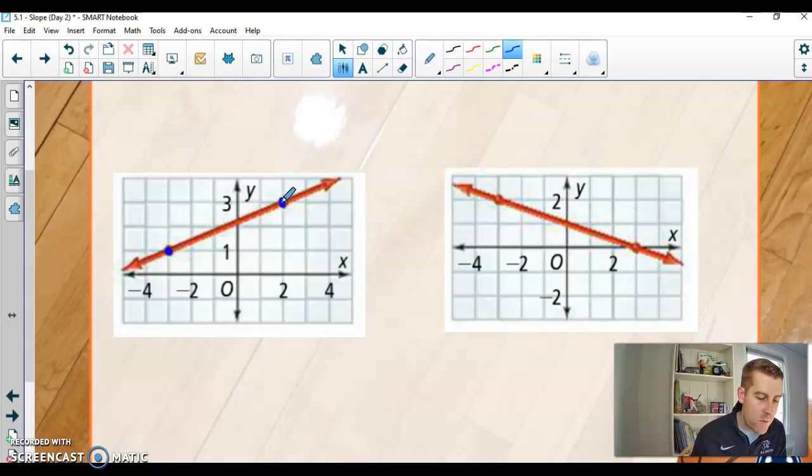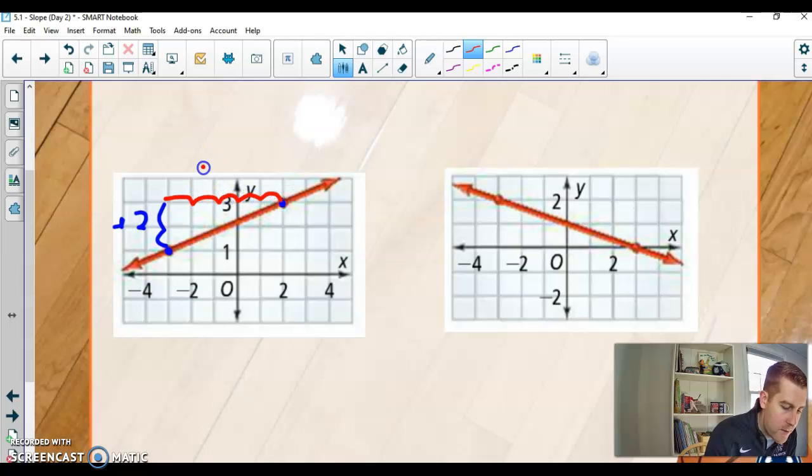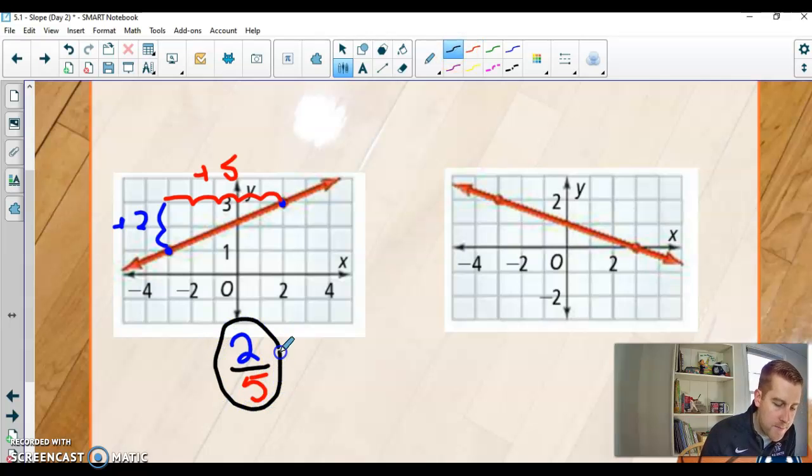The change in my y: I'm going up 1, 2 units. So I'm going up 2. And then my change in x, I'm going over 1, 2, 3, 4, 5. So I'm increasing by 5. That means my slope would be up 2 and over 5. So the slope of this line would be 2/5.